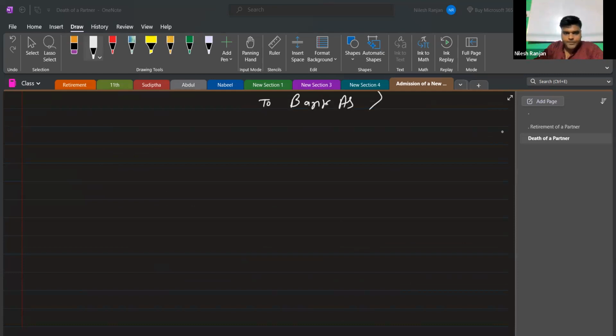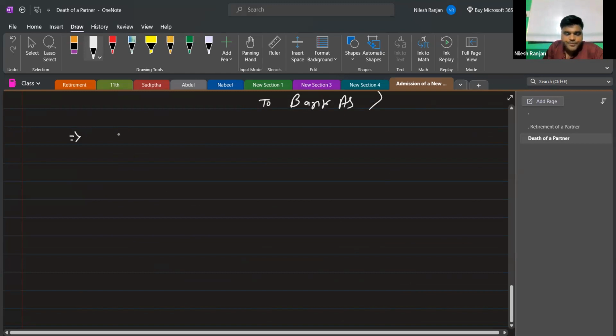Okay, so how to prepare the loan account? For that, we have to take an example here.